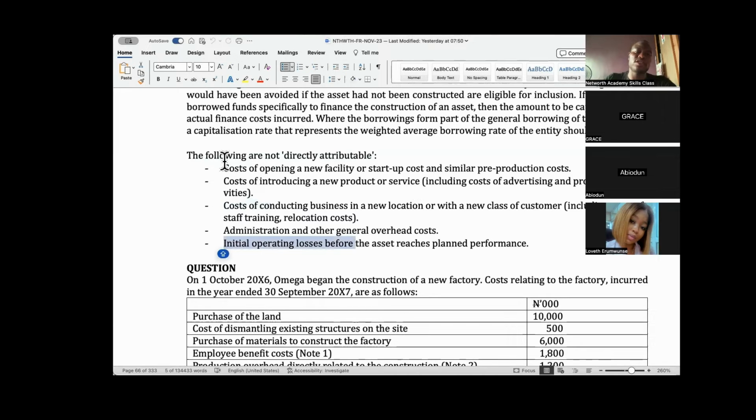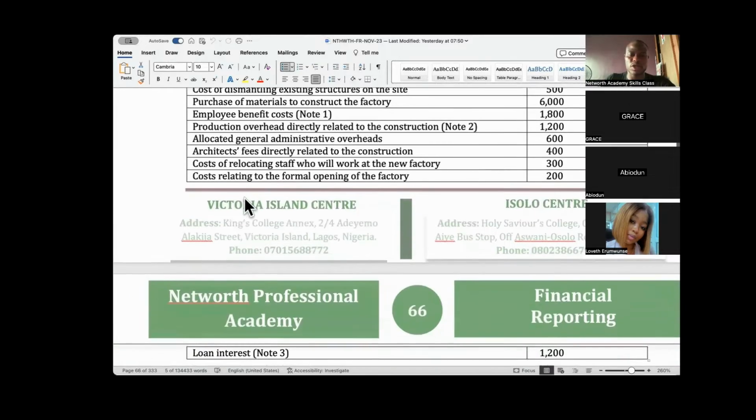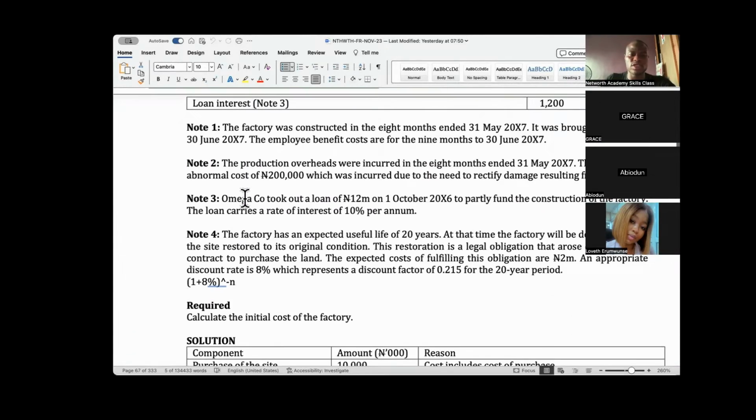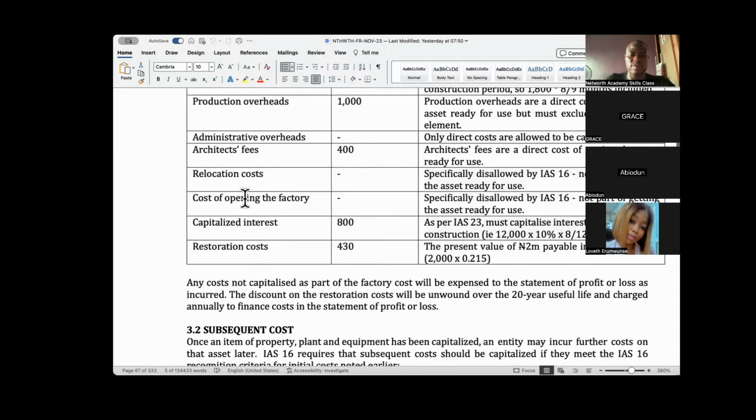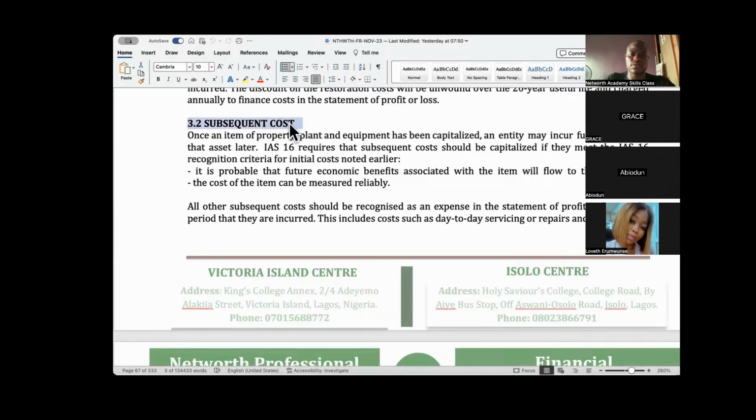All of these are not directly attributable costs. When you see them, they should be expensed. Then we looked at this question last week, which we explained. Then we moved on to subsequent costs.